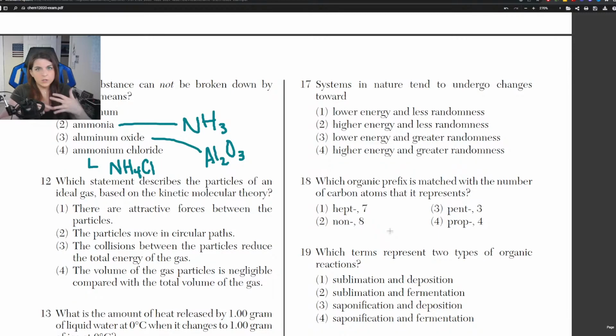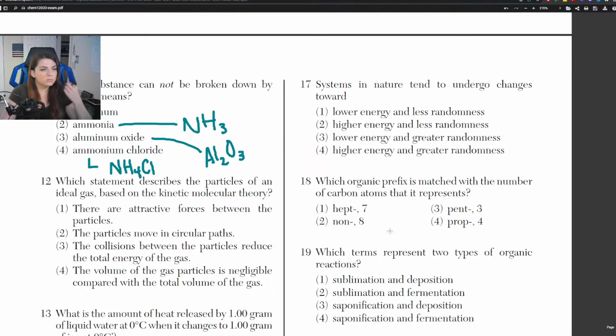They do not experience intermolecular forces of attraction or repulsion. The space between particles is very, very great, and therefore the volume of the individual particles is considered negligible, or in other words, ignorable. Gases are compressible. And there's definitely more, I just don't remember.